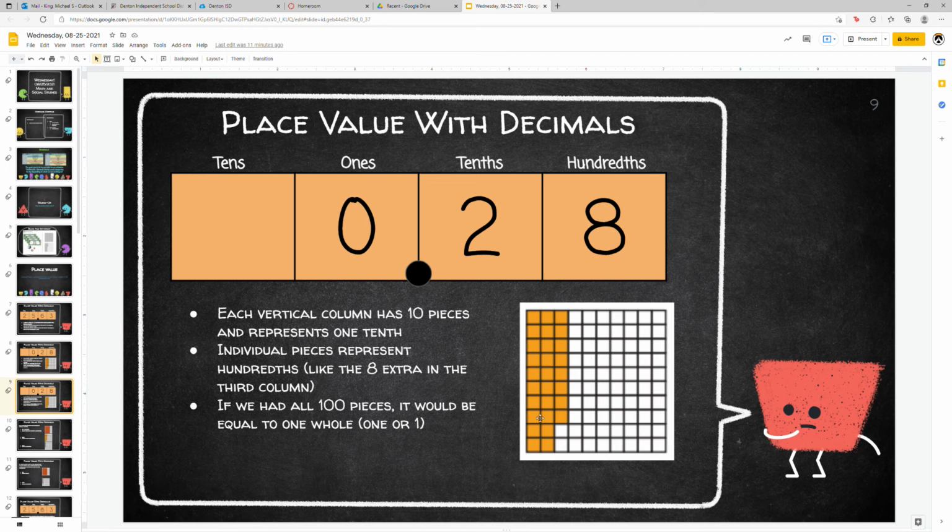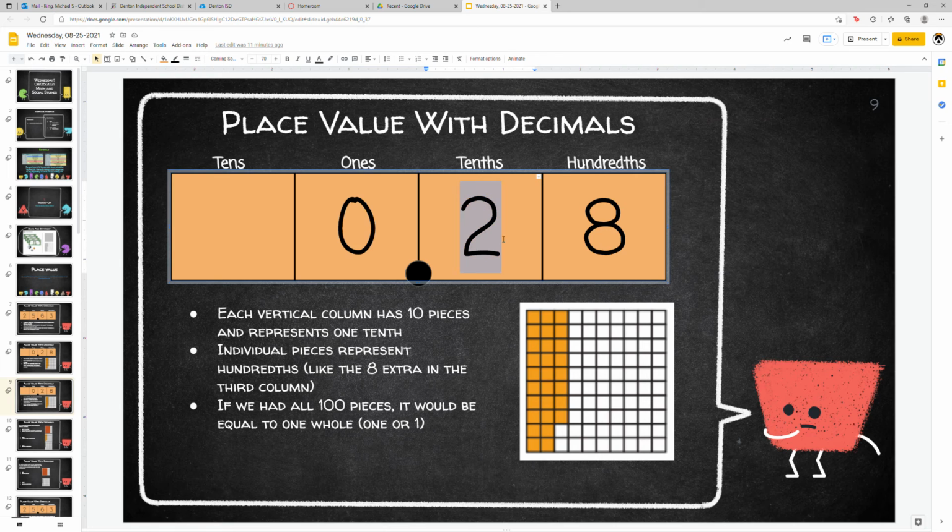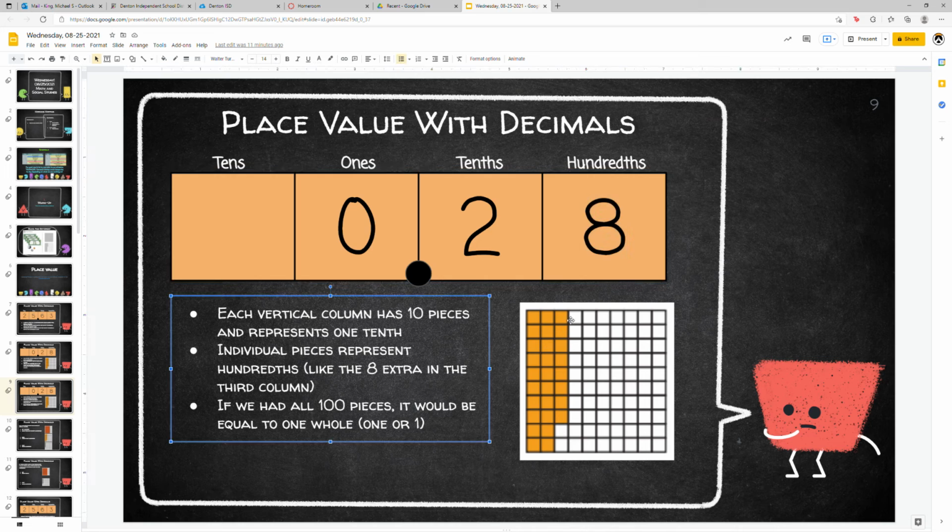So if you have all 10 of those pieces in a vertical column, that's a tenth. There are 2 full columns filled up, right? So 2 tenths, that's where our 2 tenths comes from, this 2 up here. But there's also 8 hundredths. Single pieces are a hundredth. Since there's 8 of them, we have 8 hundredths. In that third column, those 8 pieces are represented by the 8 hundredths.